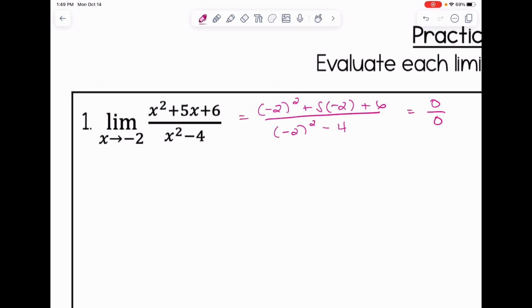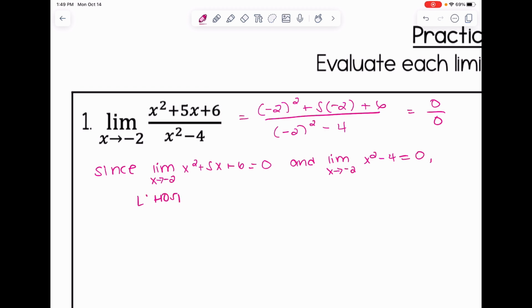So the way that we're going to write this is, since the limit as x approaches -2 of x squared plus 5x plus 6 is equal to 0, and the limit as x approaches -2 of x squared minus 4 is equal to 0, we could say L'Hopital's rule applies.